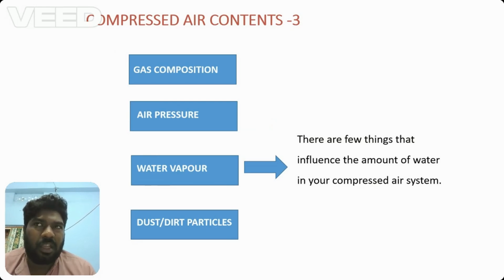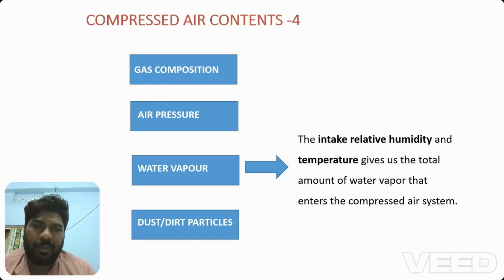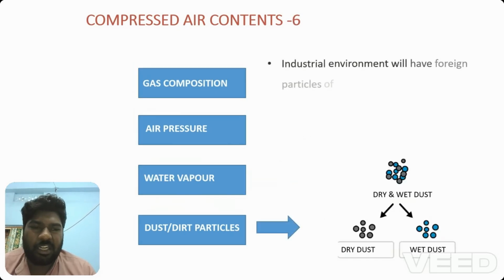So there are many factors that influence the air pressure. In that, major thing is moisture. So whatever the relative humidity present in the atmosphere, that gets condensed inside the storage tanks or transfer pipes. So to handle this, we will be using air dryers, moisture removers, all those. Okay, and we have dust and dirt particles.